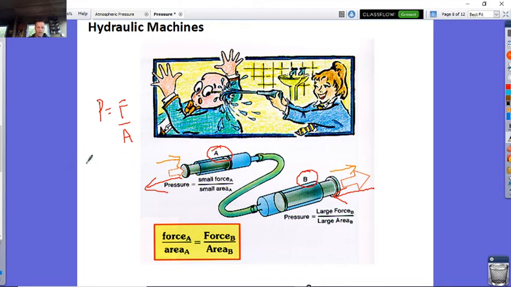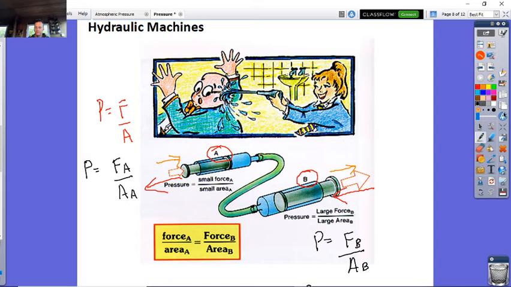Therefore, if you look at A, the pressure is equal to the force in A divided by the area in A. But in B, the pressure is equal to the force in B divided by the area in B.